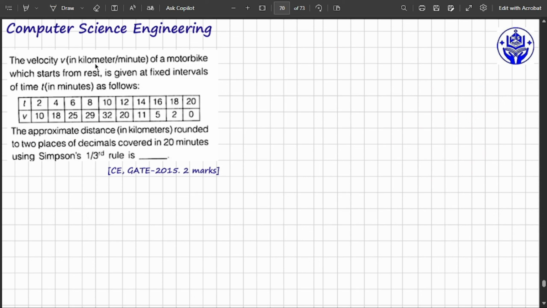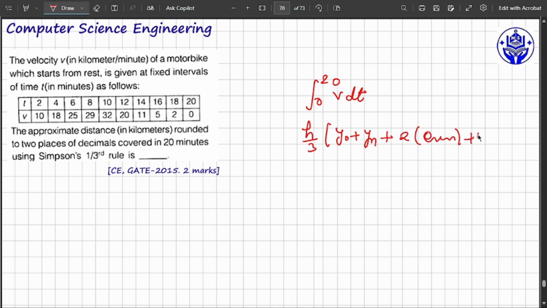Next one is a simple velocity approximation using integration. This is the integral from 0 to 20 of v dt, and you can fit the polynomial, or you can use Simpson's 1 by 3 rule, that is h by 3 times y0 plus yn plus twice all the even terms and 4 times all the odd terms. Here you have y0, y1, y2, y3, y4, y5, y6, y7, y8, y9.